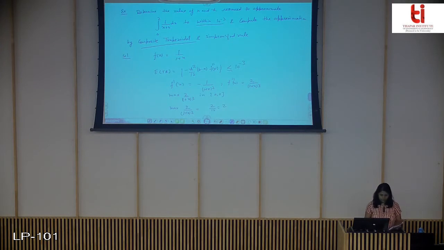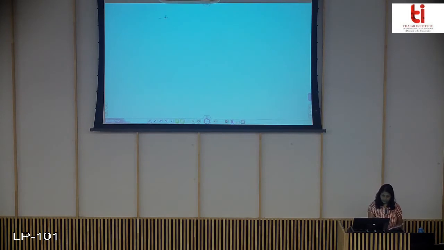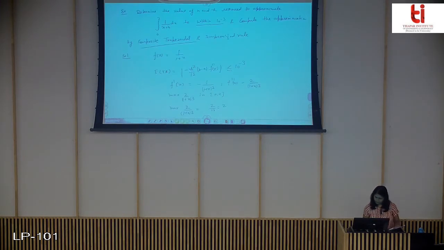Let us compute the value of this integral now. It is minus h square upon 12, into 2 minus 0, and the function value f double dash x here. Just a minute, I am making some mistake. We want to maximize it.